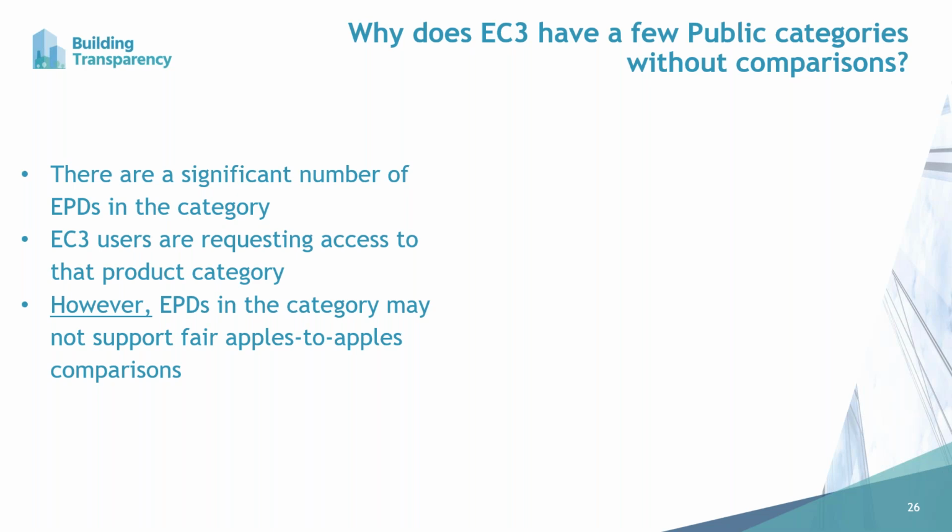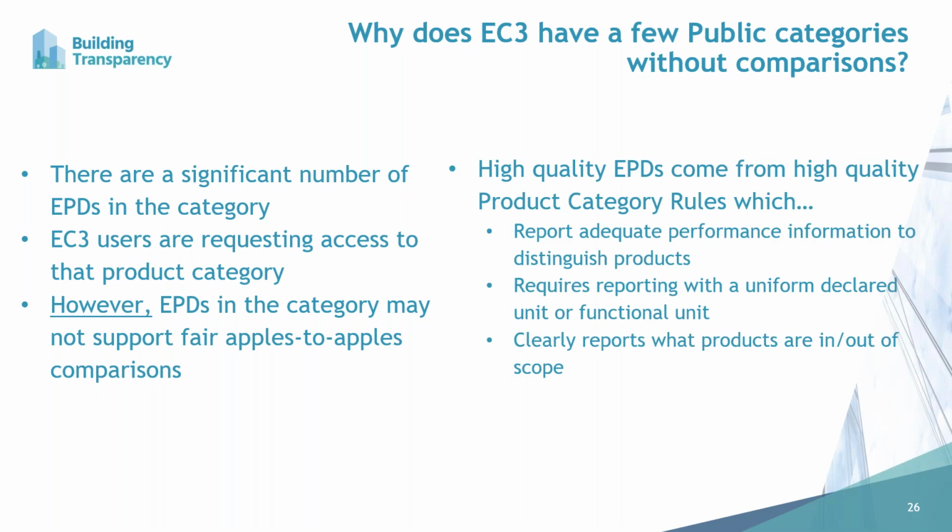Yeah, I think we have a few public categories in which, referring to what Terry alluded to earlier, there may be a significant number of EPDs in the category. There are also users requesting access to the product category, but sometimes there are issues, usually starting with the product category rules, in which EPDs produced from that PCR or multiple PCRs in that category may not support apples to apples comparisons.